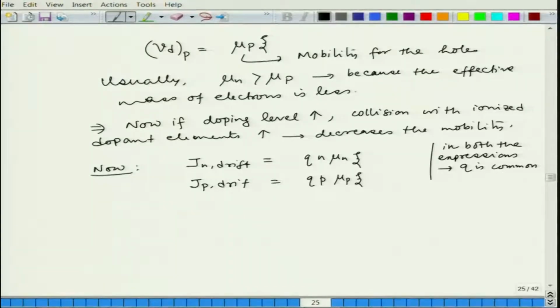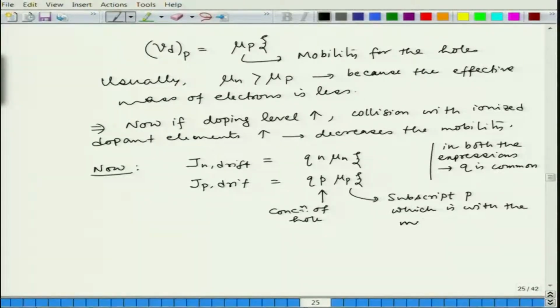And this p, or the n just above it, is the concentration of holes, and this p is just the subscript p, which is with the mobility symbol.